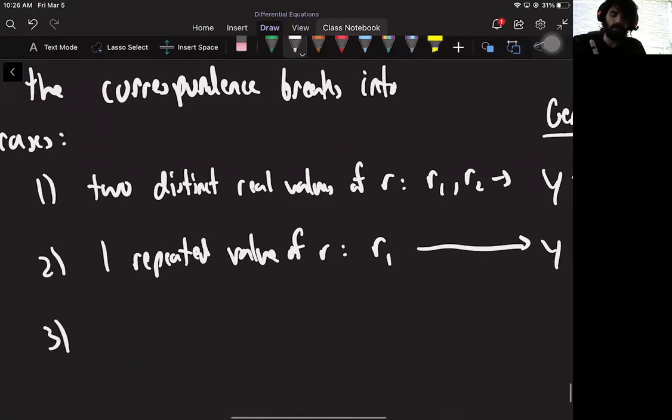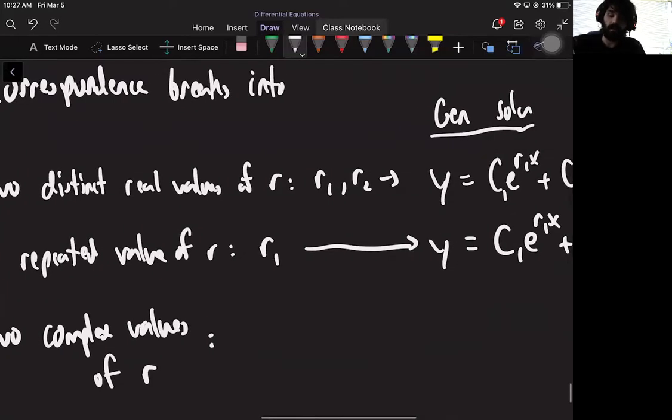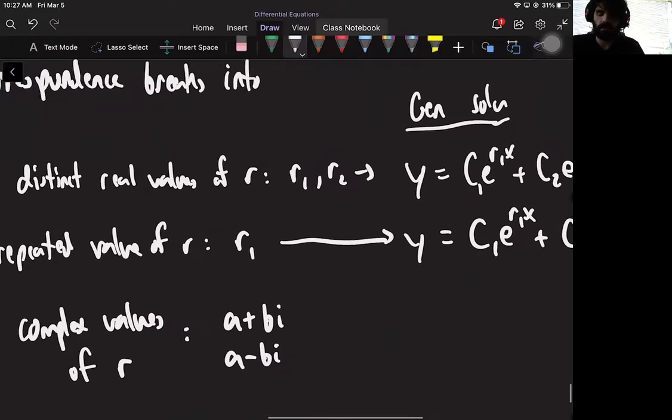And then lastly, there are two complex values of r. They're always going to come in a pair that looks like this.